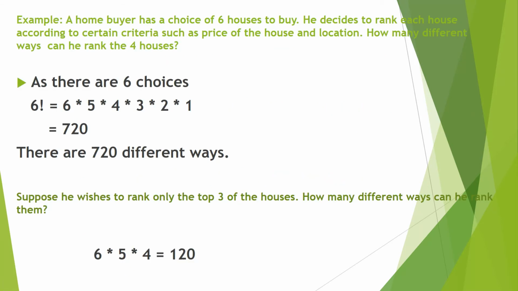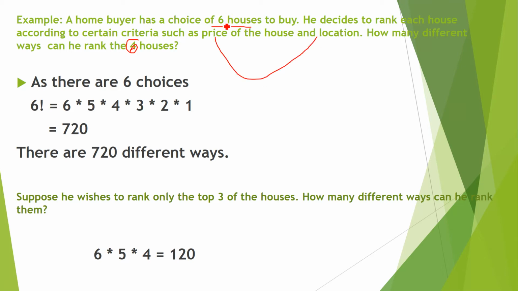Here I have a question in order to understand the permutation. A home buyer has a choice of 6 houses to buy. He decides to rank each house according to certain criteria such as price of the house and location. How many different ways can he rank the 6 houses? He has 6 houses, so he wants to make a ranking of these 6 houses according to the price and location.